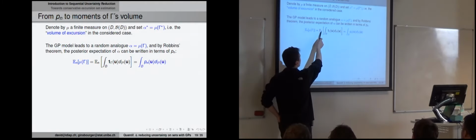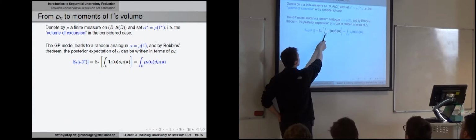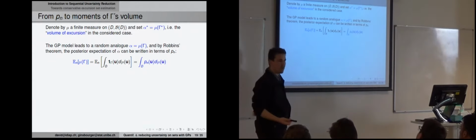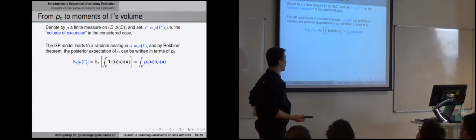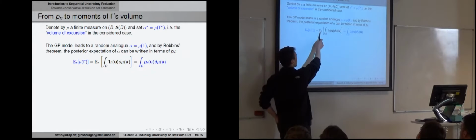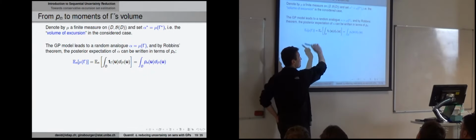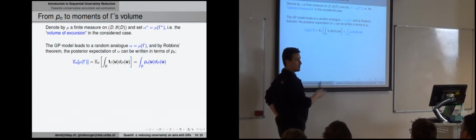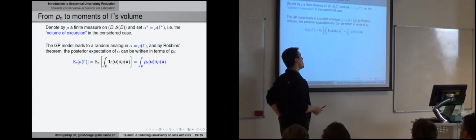So here you have an expectation which is an integral over Omega, and here you're looking at the measure of Gamma, and the measure of Gamma is none other but the integral of the indicator function of Gamma over the domain. So you have an integral over Omega, an integral over the domain. You can swap them. There is no technical problem here. p_n is remaining between 0 and 1.